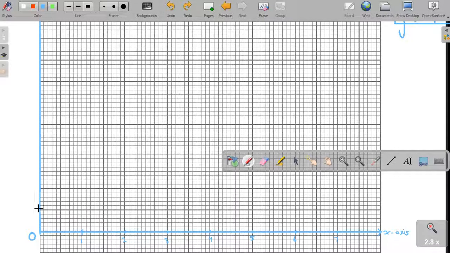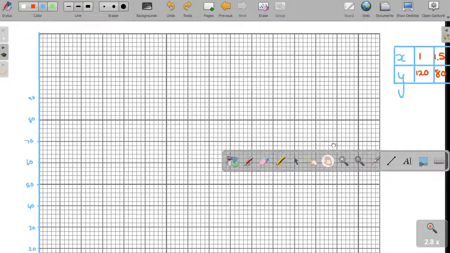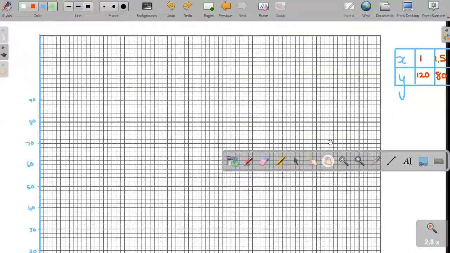And then on this one, every step is 10, so it's going to be 10, 20, 30, 40, 50, 60, 70, 80, 90. I hope it's going to fit now.